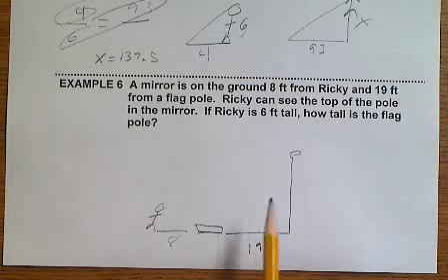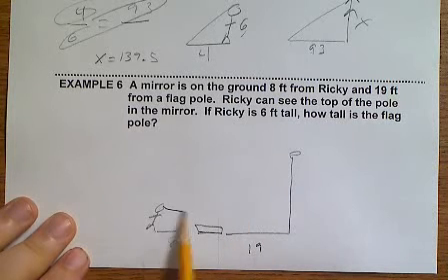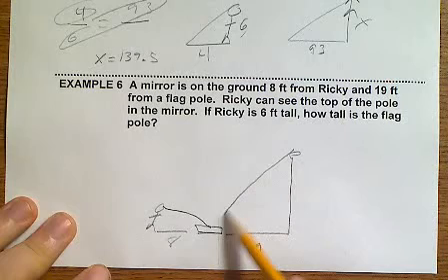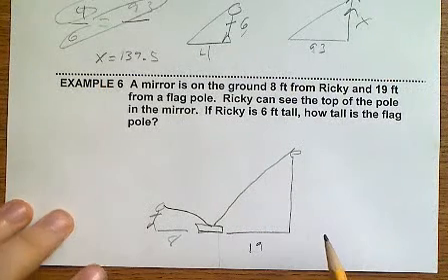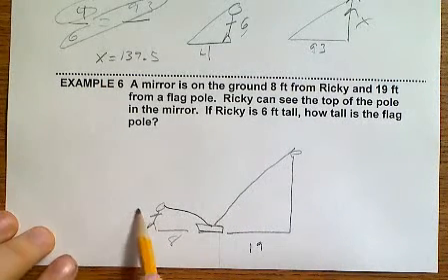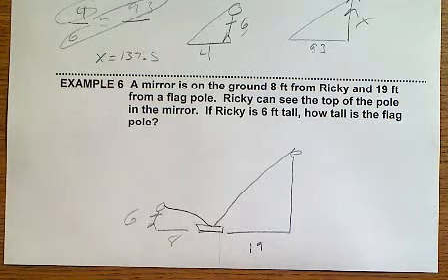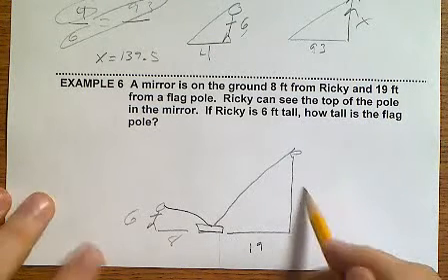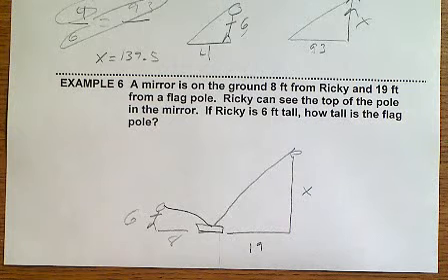Ricky sees the top of the flagpole in the mirror. So if Ricky is a magical number of 6 feet tall, we want to know how tall this flagpole is.